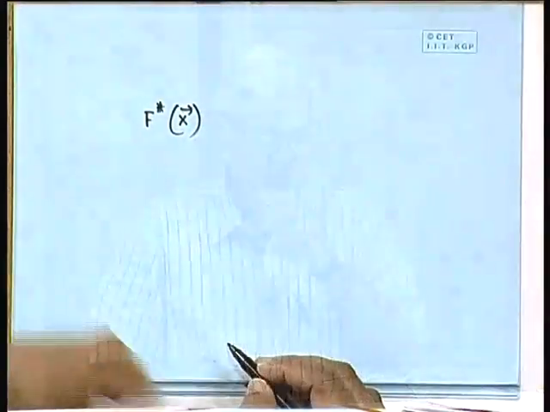But instead of n centers, we will restrict ourselves to m1 centers, and so our solution becomes approximate. That is why we write f star, not f.